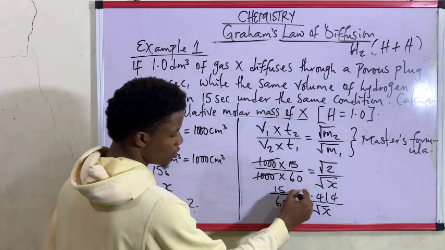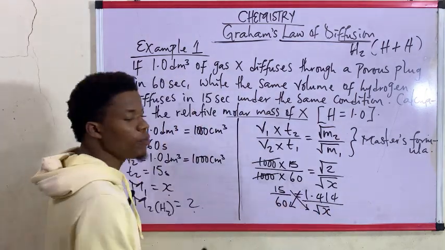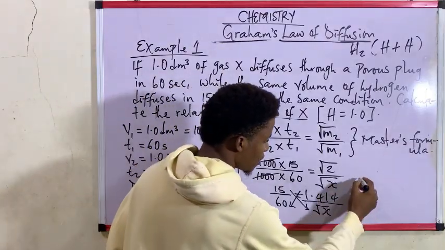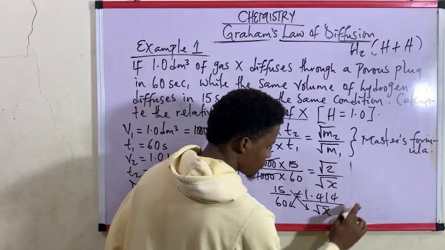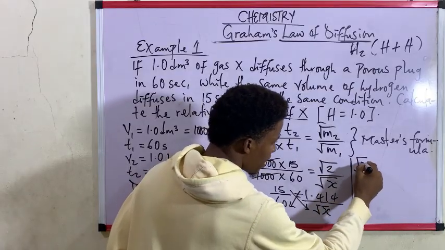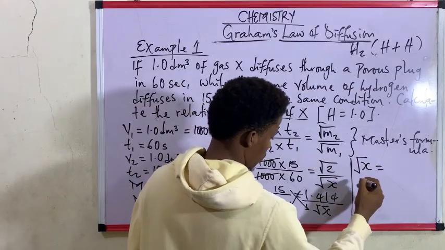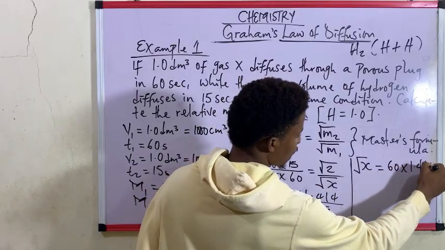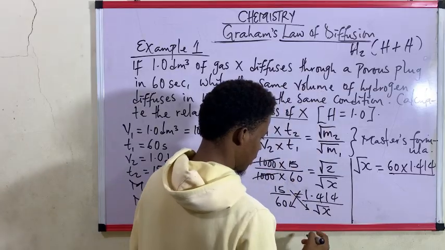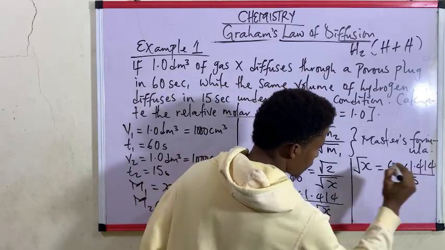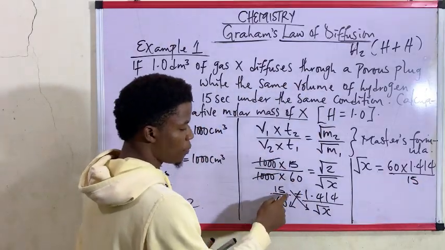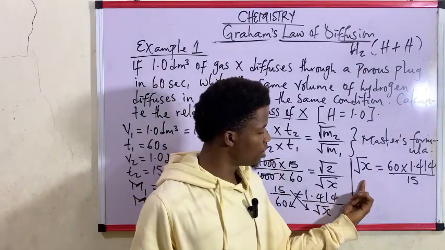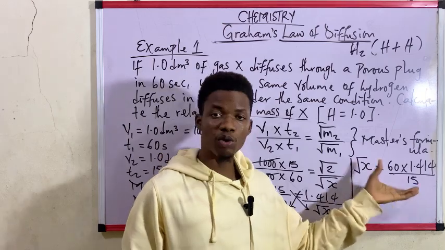So at least, what do we do? Cross multiply. So by the time we cross multiply and we now divide, we are going to arrive at root X is equal to 60 times 1.414 all over 15. Right? So by the time you cross multiply, and you now divide both sides by the number carrying the root X, this is what you are going to arrive at.